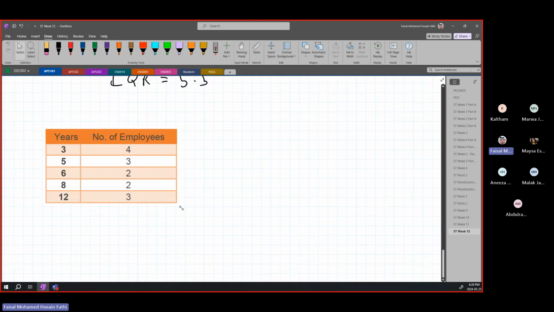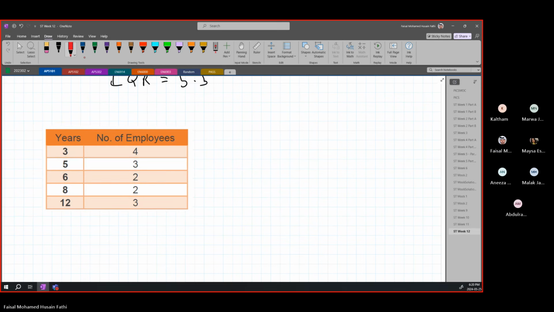The one thing I just want to comment on, I'm just going to keep this on the notes. So if you have a range, I'm not going to go through all the steps. You're going to find your cumulative frequency. So it's going to be 4. 4 plus 3, 7. 7 plus 2 is 9. 9 plus 2 is 11. And then 11 plus 3, which is 14. And then you're going to write your ranges.